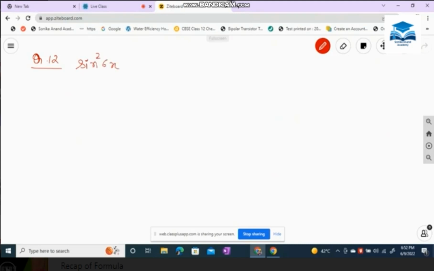For this exercise you have to remember each and every formula by heart, otherwise you will get confused. We have to prove this. Now this is the formula of sine square A and sine square B.